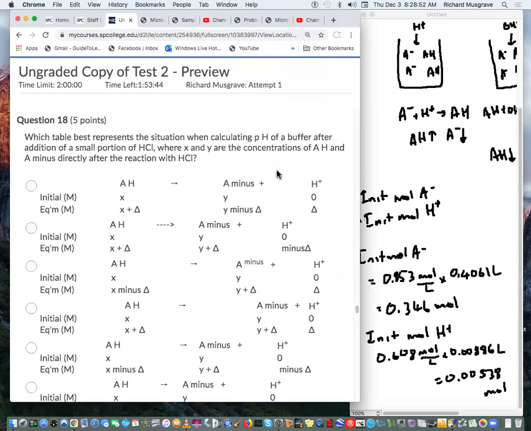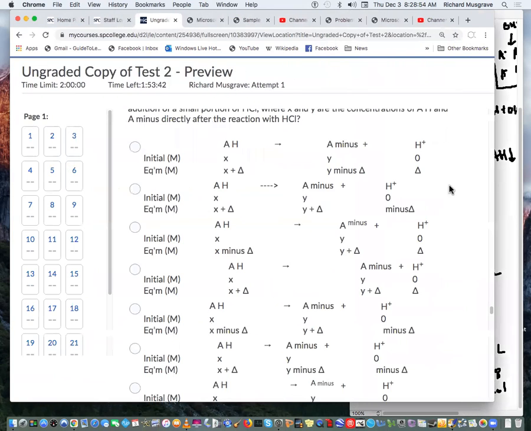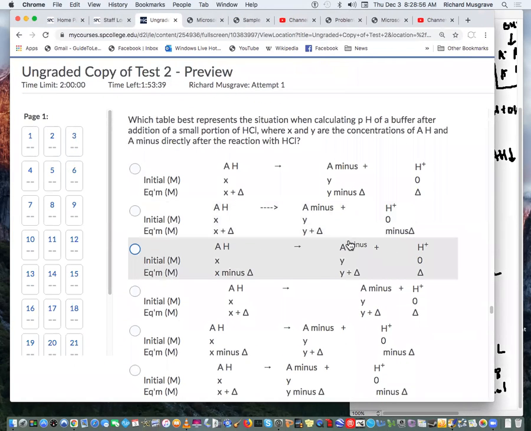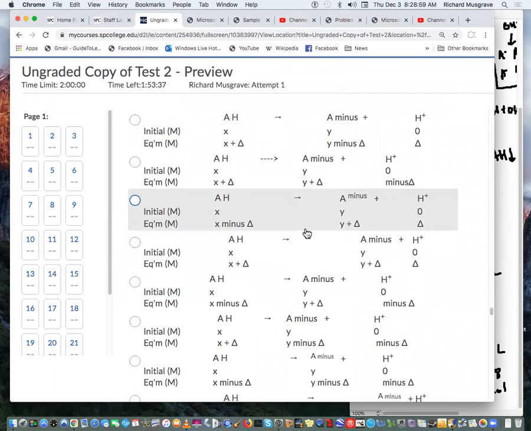Now, for this answer, the table is never going to change. What's going to happen is that at equilibrium, the AH is going to go down by a certain amount, so you're looking for X minus delta. And the A minus is going to go up by the same amount as the H plus, so you're looking for minus here and plus over here.